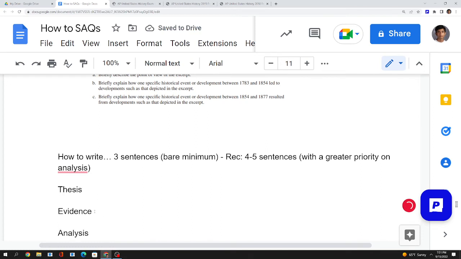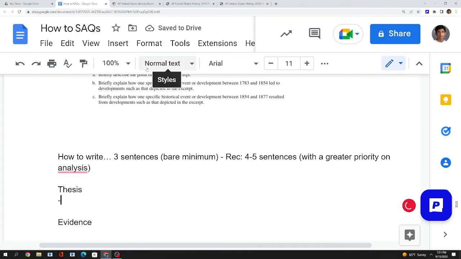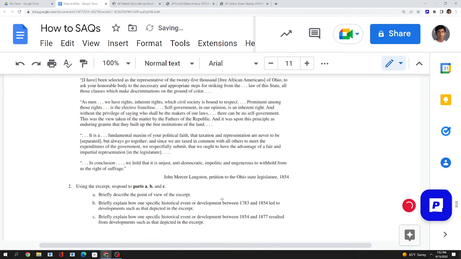I'm going to be very generic, but if you want to write a thesis, just respond to the prompt. Maybe even restate it. These are not LEQ or DBQ theses. They're not complex. Restate the prompt with a defensible argument. That's really it. With a defensible argument. So, or we'll basically respond to it. And I'm going to give you an example.